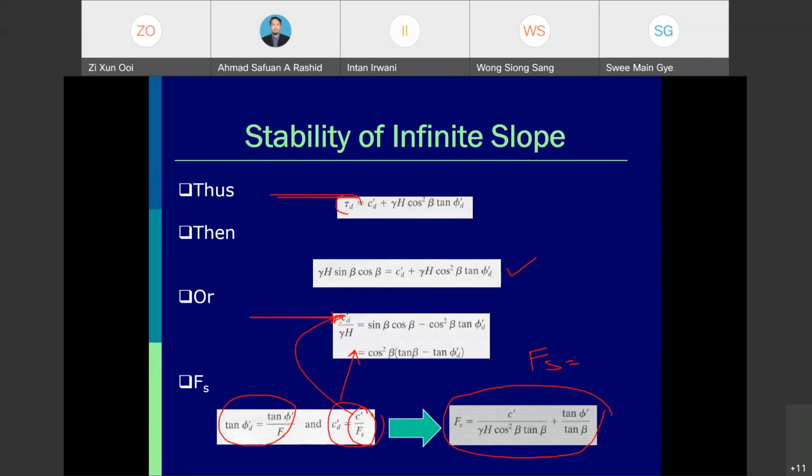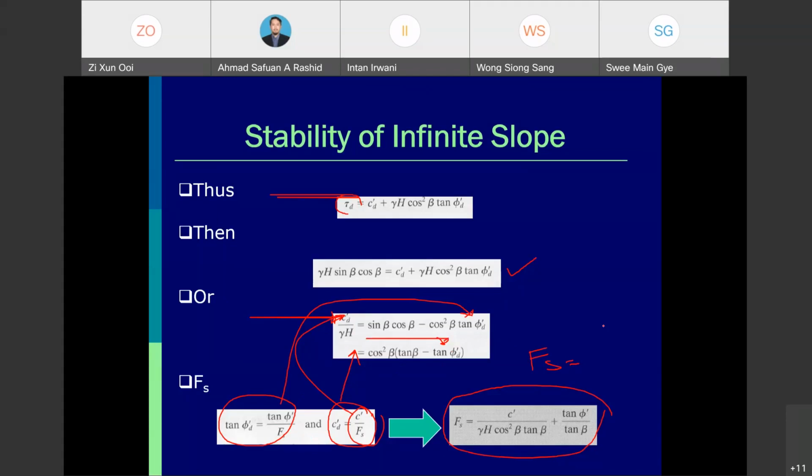So if you want to derive this equation, and also the tangent phi d, you put in here tangent phi over FS. I have proved it. So at the end we obtain this kind of factor of safety value.